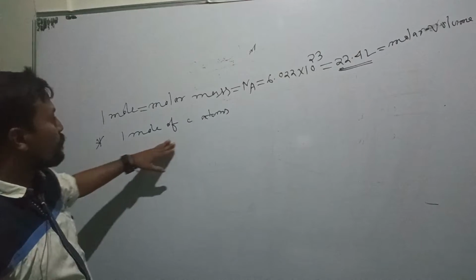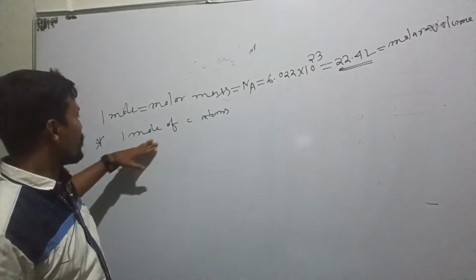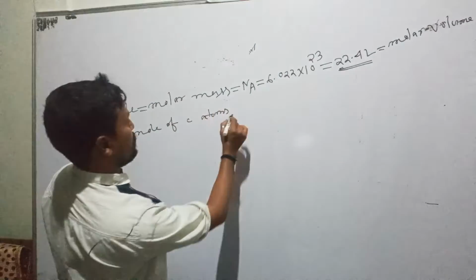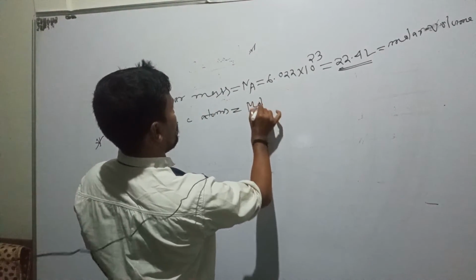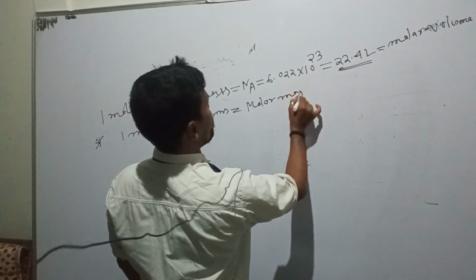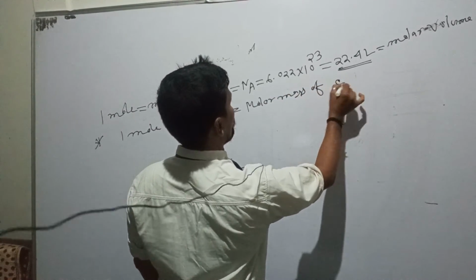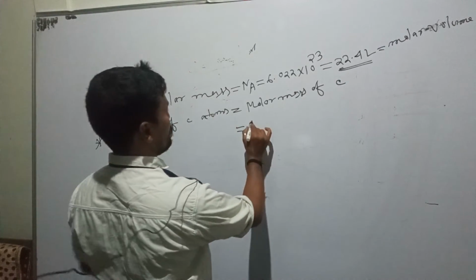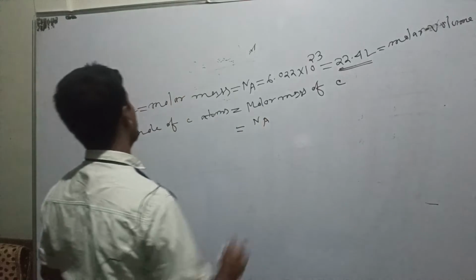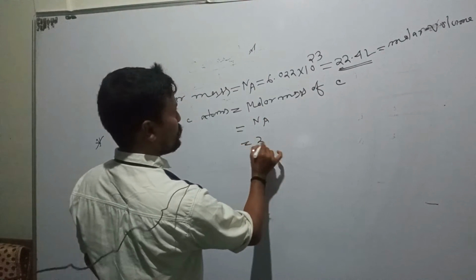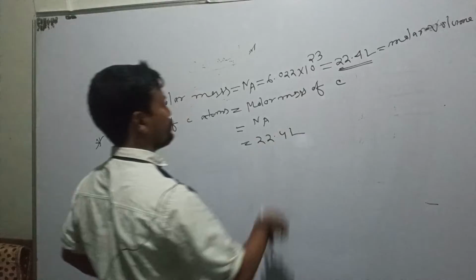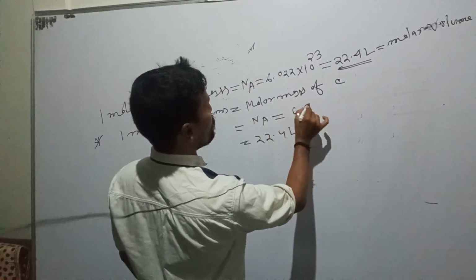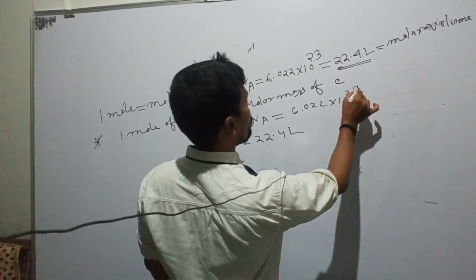What do you mean by 1 mole of carbon atoms? 1 mole of carbon atoms means that it is equal to Avogadro number, that is equal to 22.4 liter. And what is Avogadro number? Here 6.022 into 10 to the power 23.